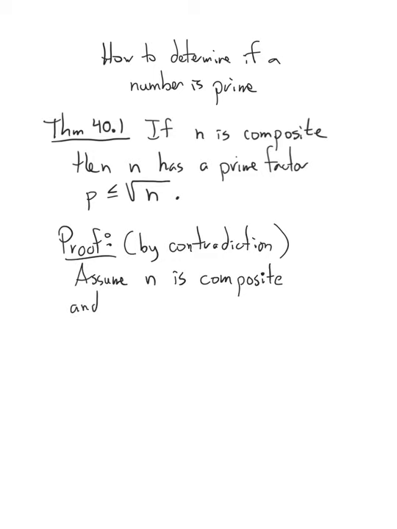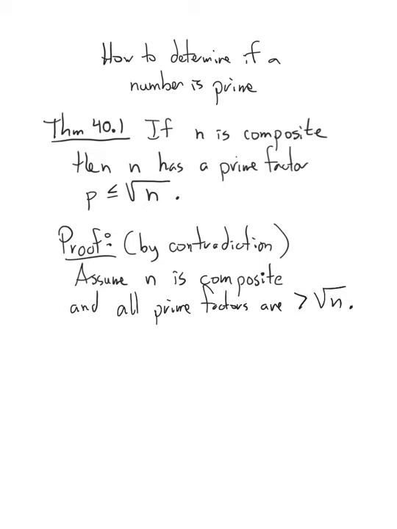So n does not have a prime factor that's less than or equal to the square root of n. And all prime factors are greater than the square root of n. Okay, so that's what a counterexample would look like.